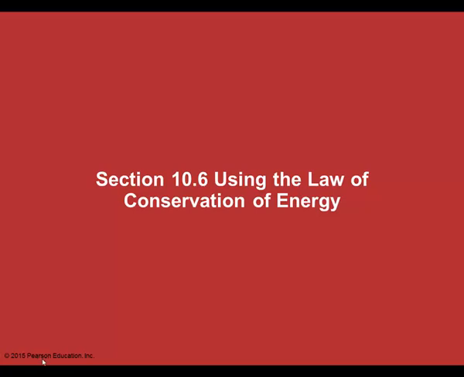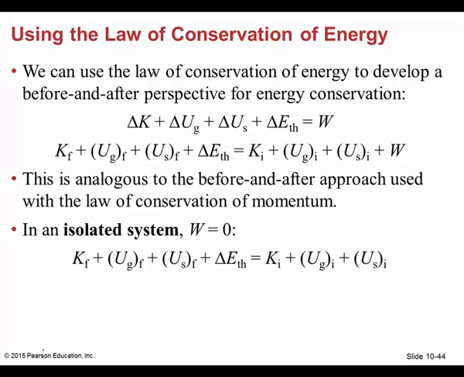Okay. Now what about the law of conservation of energy? Let's put all this together. Well, when we look at an isolated state system where the work is equal to 0, in other words, the work in is equal to work out, again, we start summing up all of our energies here. As you see in the top equation, the change in kinetic plus the change in gravitational potential plus change in potential elastic plus change in thermal is equal to the work.